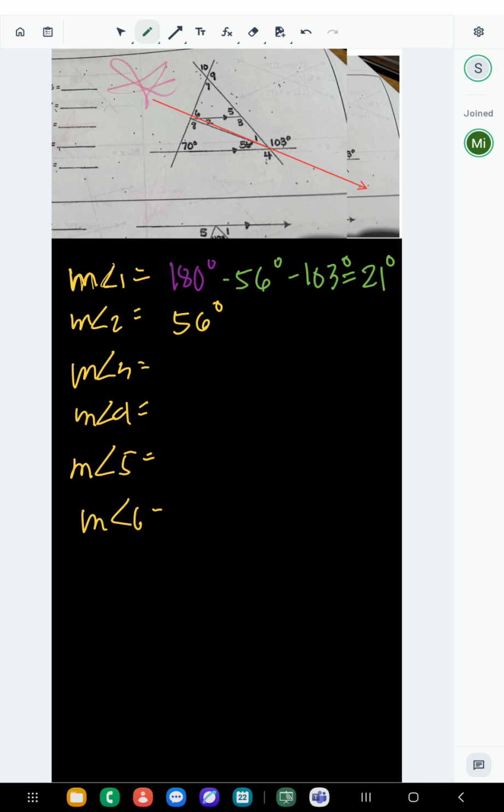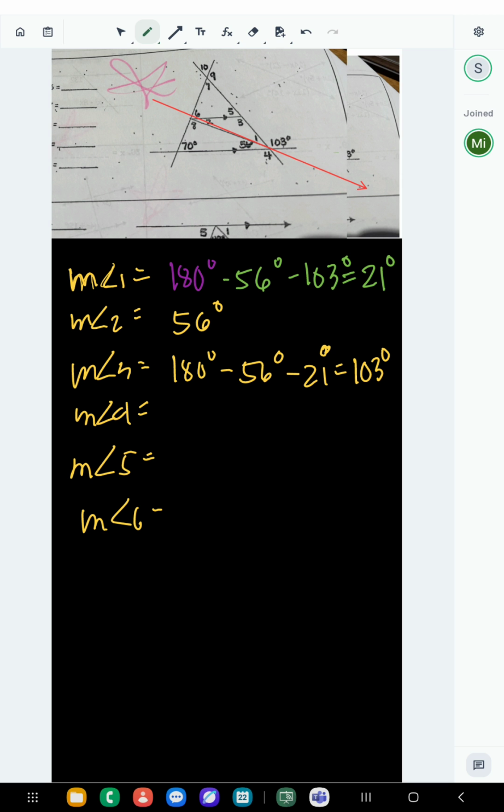Since angles 1, 2, 3 are angles inside a triangle, and we already have the measures of angles 1 and 2, angle 3 is just 180 degrees minus 56 minus 21. So what is that? 103 degrees.